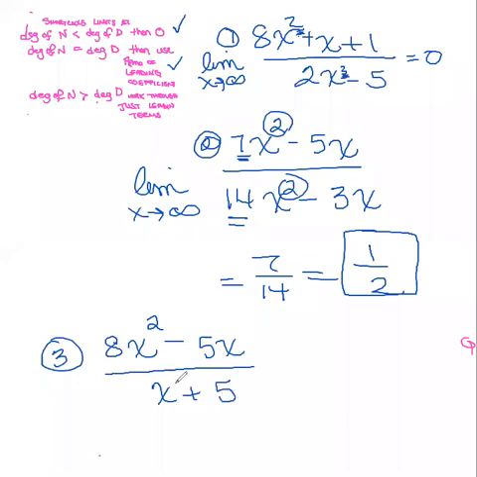So in this case, the degree here is really 1. The degree of the top is 2 because that's higher than 1 here. And the degree of the bottom is 1 because there's no other x's to compare it to. So in this case, the degree of the numerator is higher than the degree of the denominator.